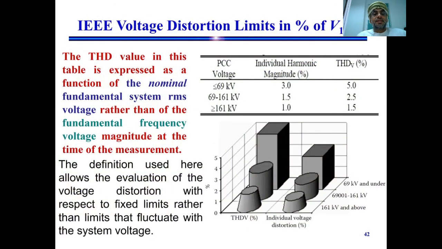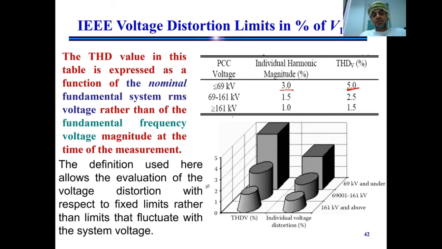So this is the standard for the total harmonic distortion. If the system voltage is 69 kV or below, then the total harmonic distortion for the voltage should not exceed 5%, and the individual harmonic should not exceed 3%.